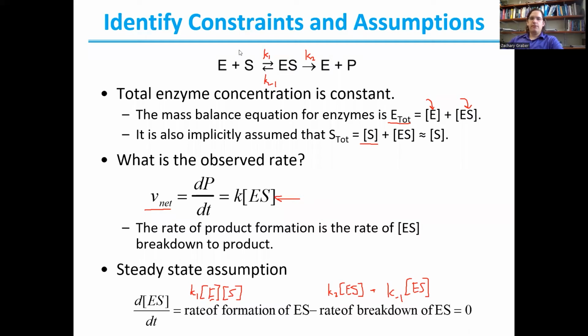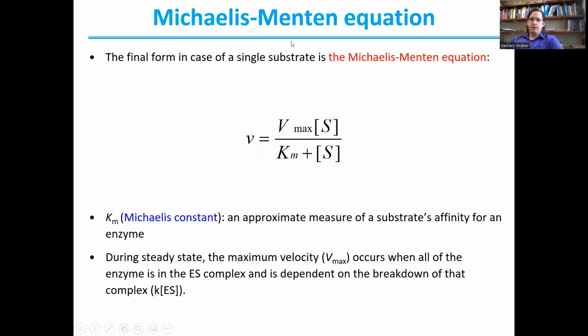I'm not going to show the full derivation of this, but using the steady state assumption together with our known concentrations, we can develop an expression for our enzyme substrate complex and substitute that in to create the Michaelis-Menten equation.